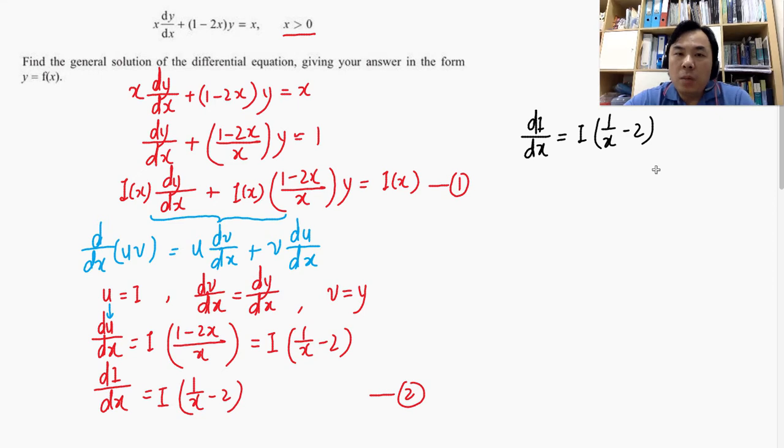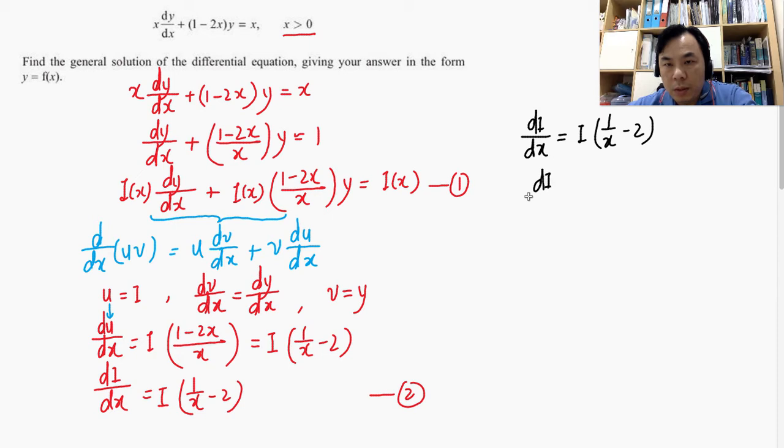From a non-separable linear first order differential equation, we are able to convert that into a first order ordinary differential equation that is separable. Right? Now, that is the importance of introducing the integrating factor. The purpose is to convert a non-separable ordinary differential equation into a separable ordinary differential equation.